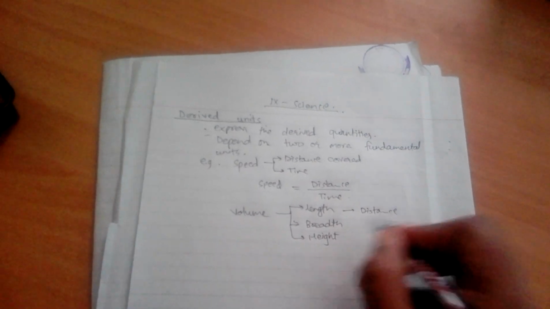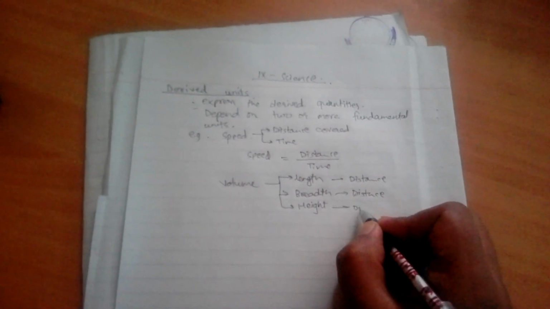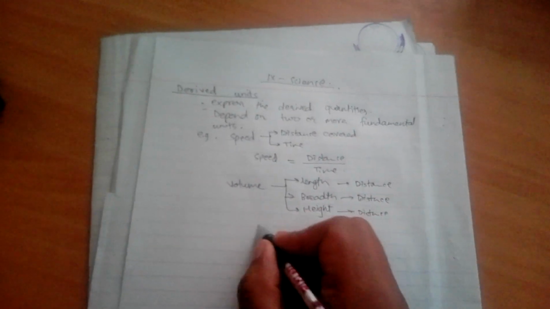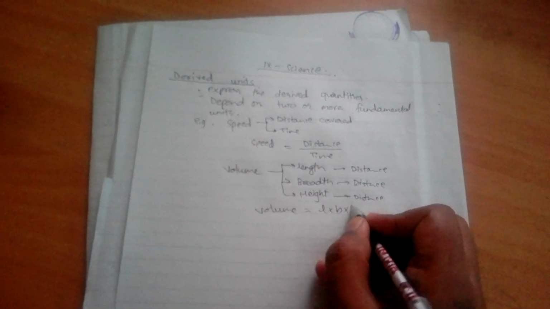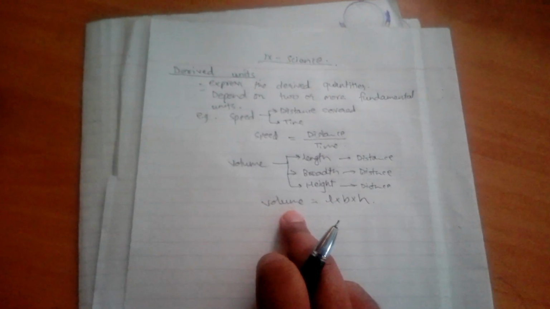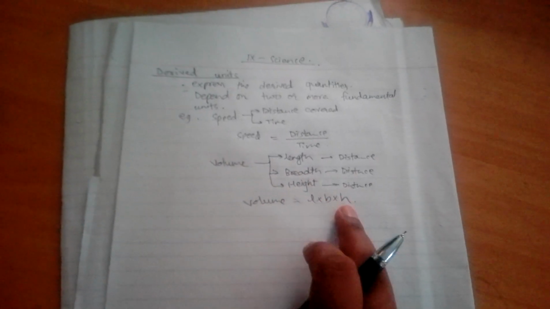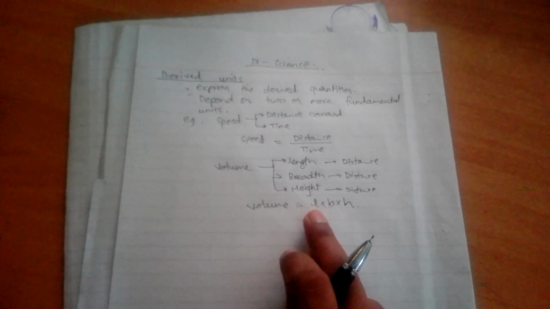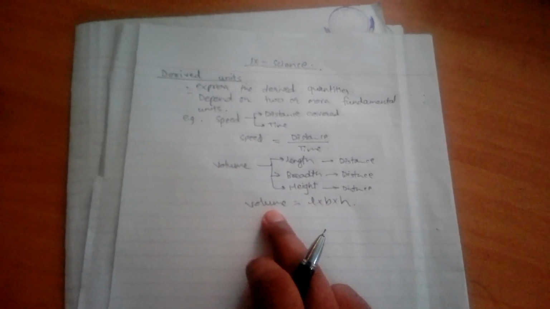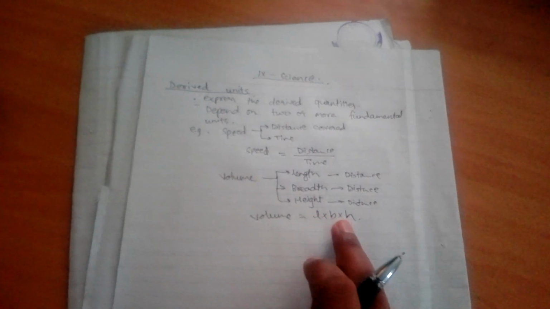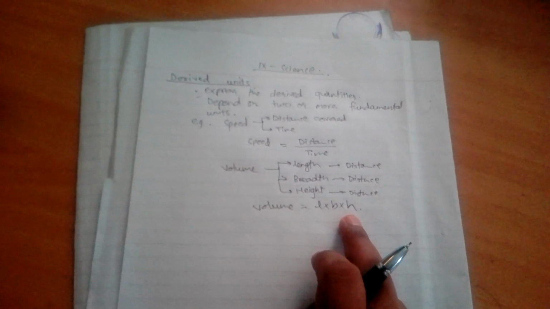After measuring these three parameters, you can find out volume by multiplying all of them, L into B into H, then you get volume. So you can see volume is dependent on three other quantities, they are distance. So volume is a derived quantity, whereas length, breadth, and height, or distance, is a fundamental quantity.